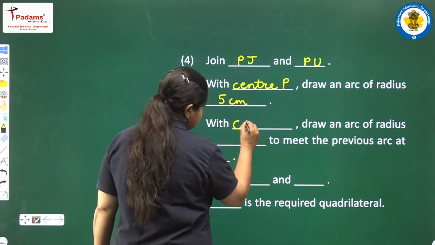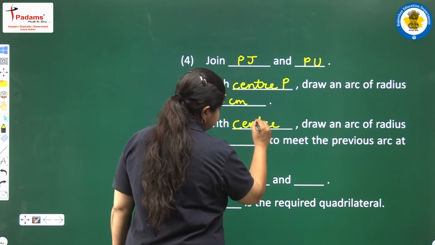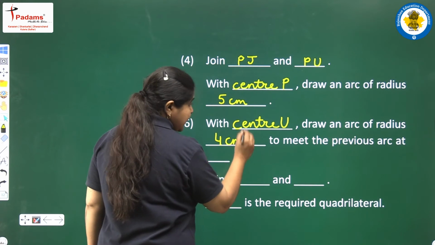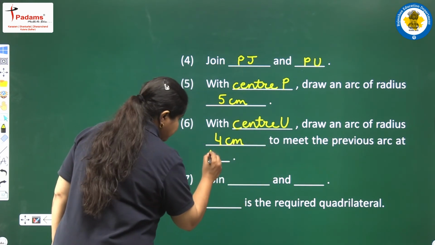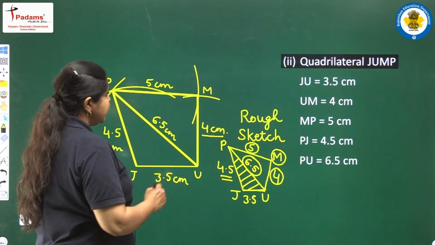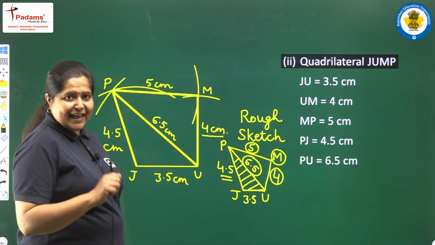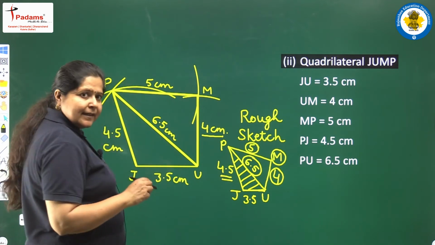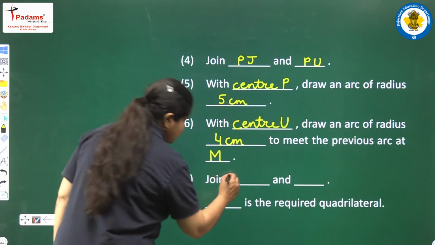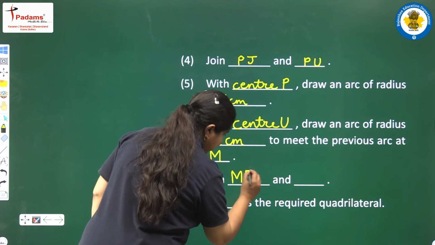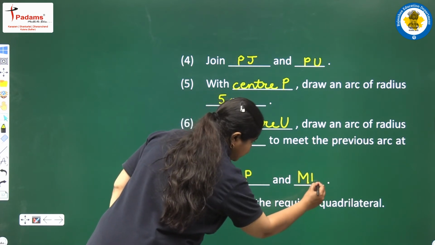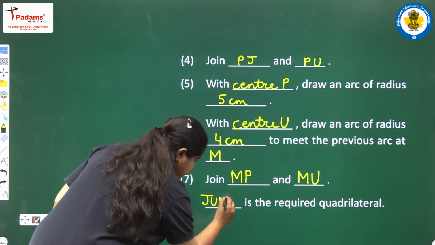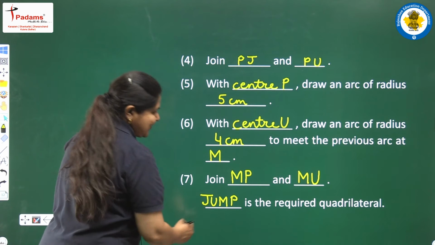So, we write here with center U, draw an arc of radius 4 centimeters to meet the previous arc at point M. You can see this point was named as M. And then what next? Join MU and MP. So, we will write it here, join MP and MU. With this we get JUMP as the required quadrilateral.